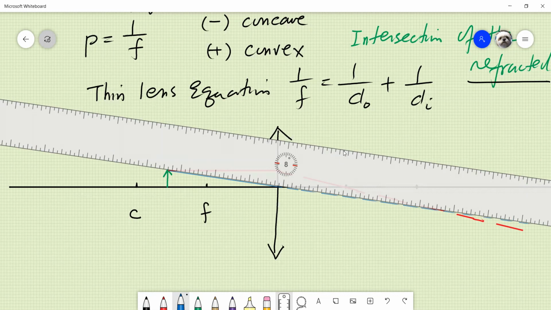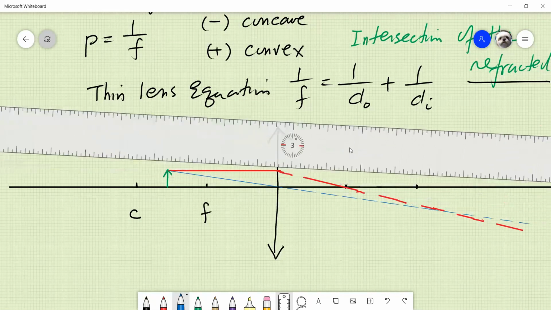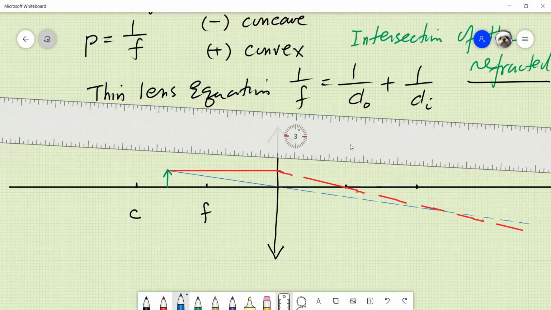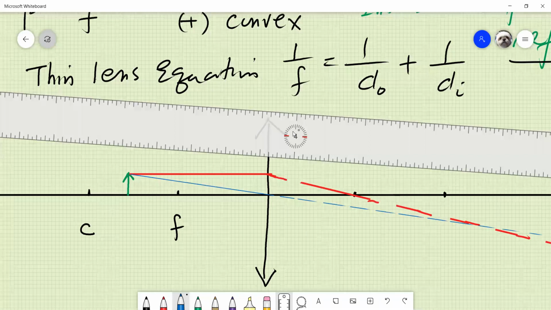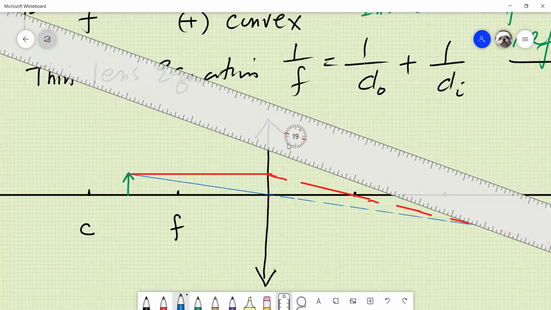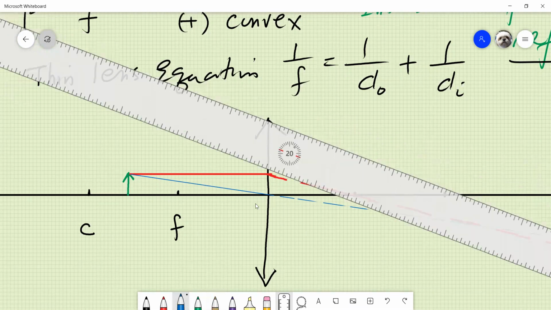Good. Now, another way to draw that is the beam passing through the focal point and the same size of object, like this.